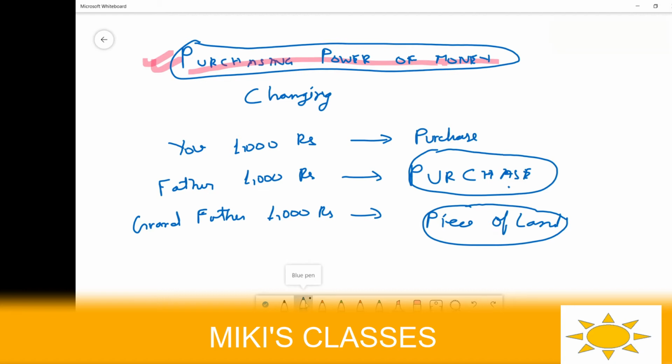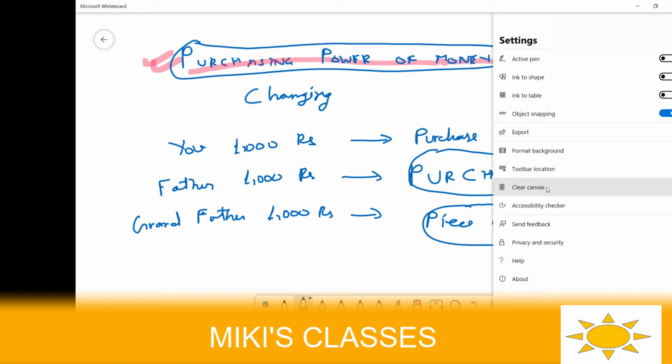For your business, let's clear this canvas and then discuss. Okay. Think of it from your perspective. Now, for your business, suppose you had bought a building for 10 lakh rupees, 10 years back.